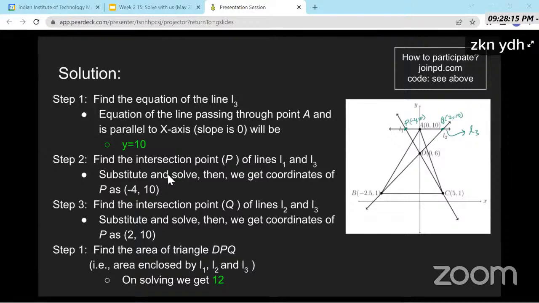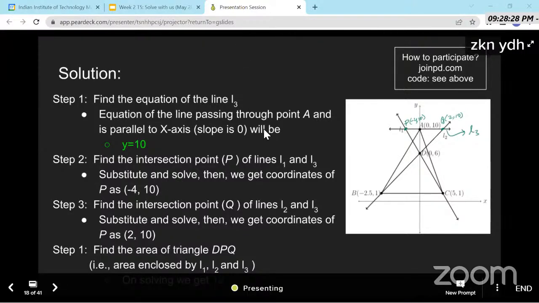So all you can simply do is substitute this y equals 10 in your L1 equation. You have already found this L1 in your previous question, that is 3.1. So you can use that and substitute it here to get the point P. Similarly, you can do for Q and get the coordinates. And once you get the coordinates, all you have to do is substitute in the formula to get the answer. Okay. Now, shall we go to the next problem?